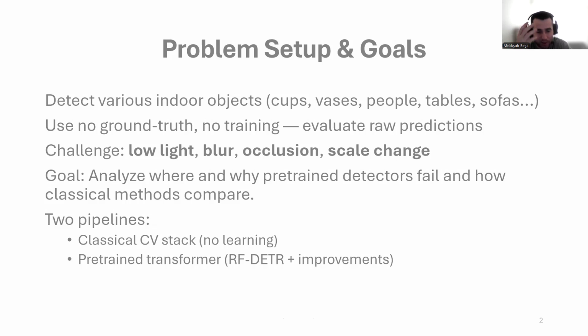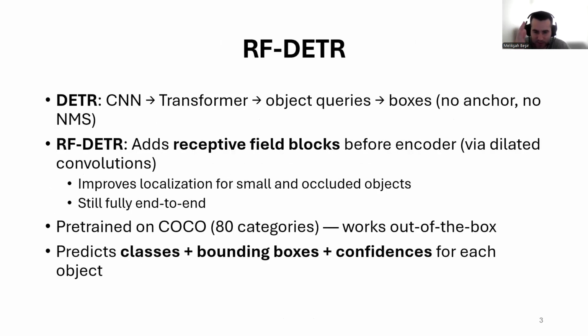So let's talk about RF-DETR first. This is a transformer-based detector that builds on DETR, instead of the traditional CNN pipeline with anchors and non-maximum suppression. It uses a CNN backbone feeding into a transformer that directly predicts 100 object queries.